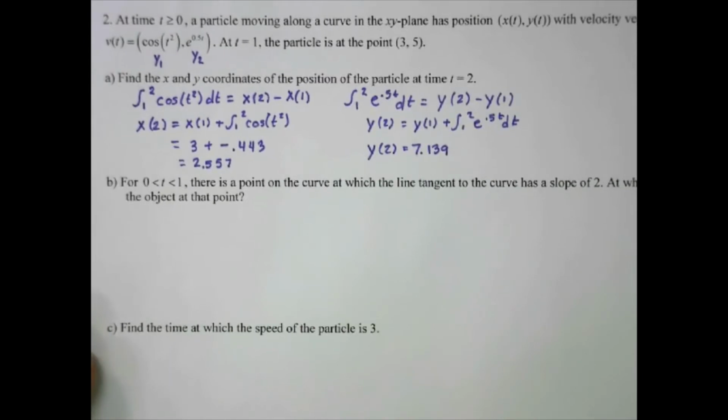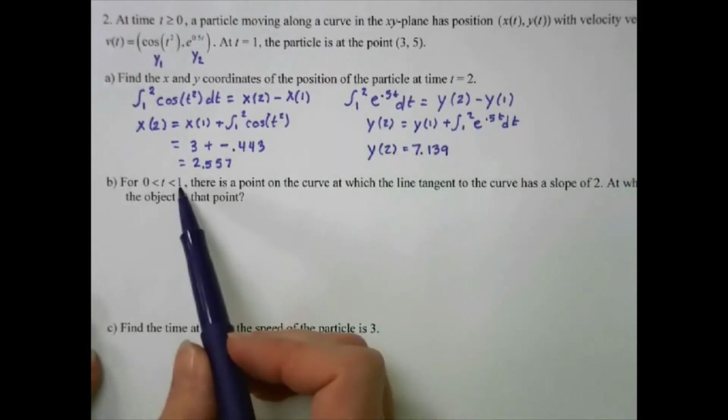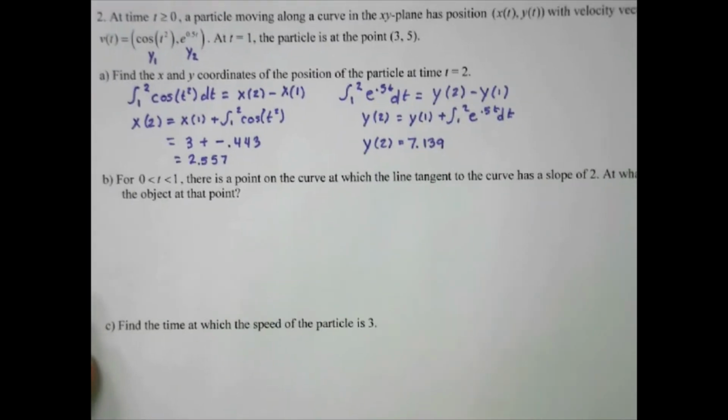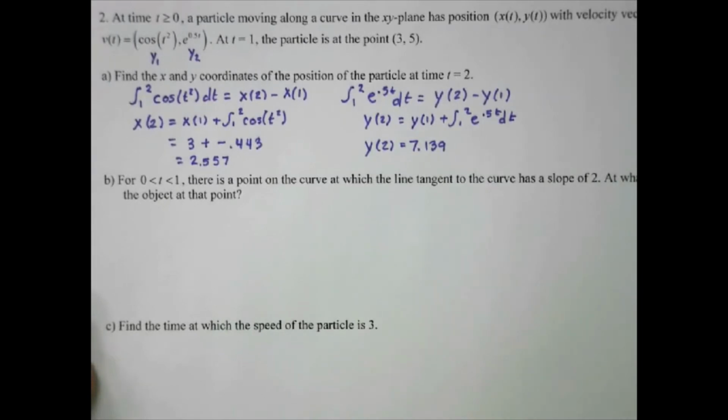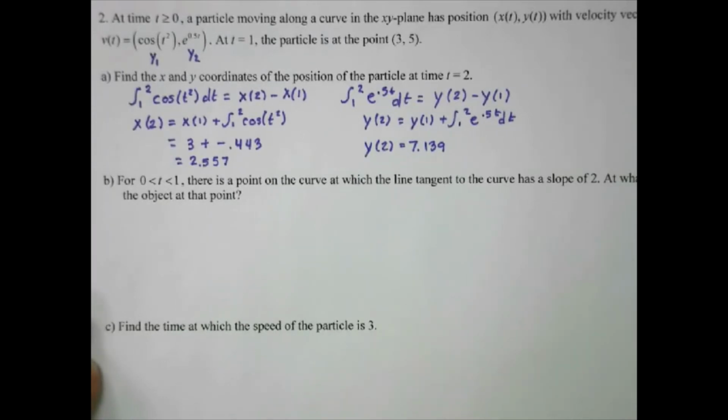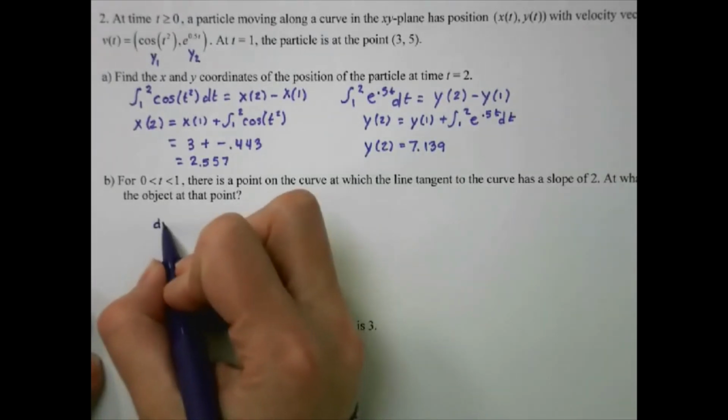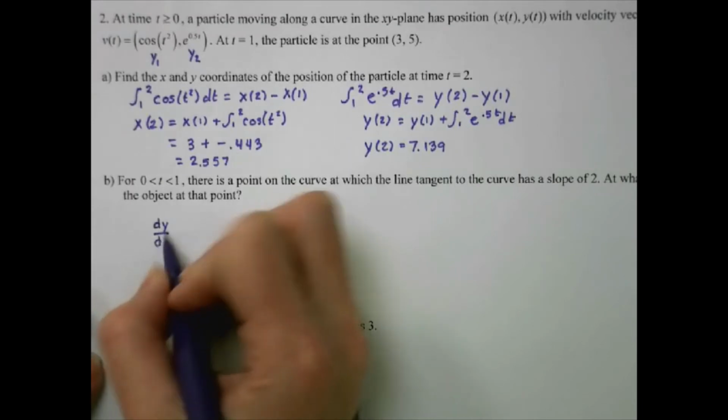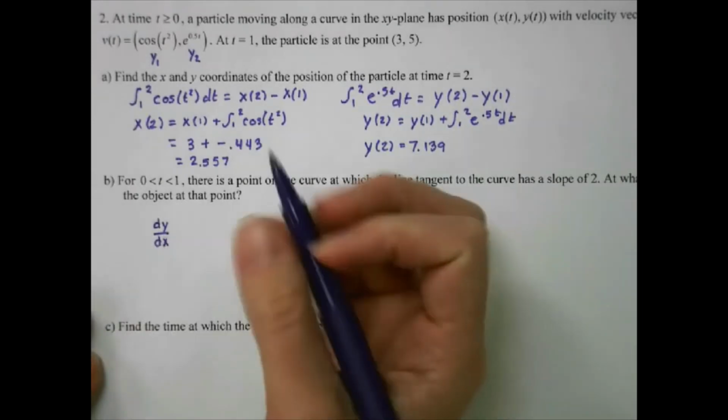Okay, our next problem: for 0 to 1, is there a point on the curve at which the line tangent to the curve has a slope of 2? And at what time is that? Slope is always, always, always dy/dx.